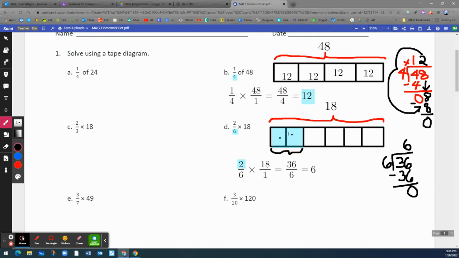So if they both equal 6, then each of them must be 3. Then you can check this to see if it's true. 3 plus 3 equals 6, plus 3 equals 9, plus 3 equals 12, plus 3 equals 15, and plus 3 equals 18, which is the number right above.